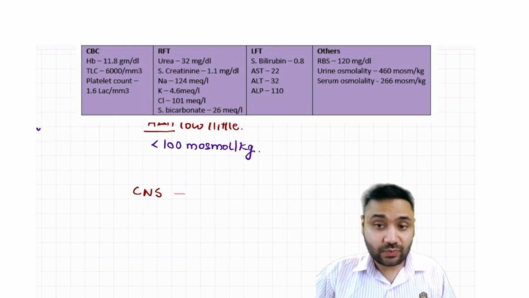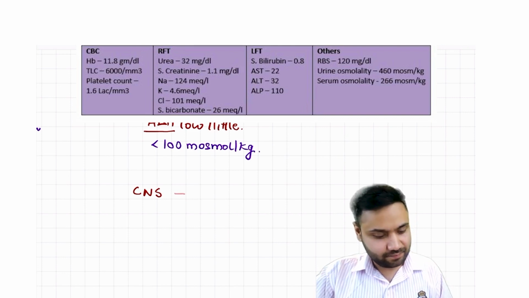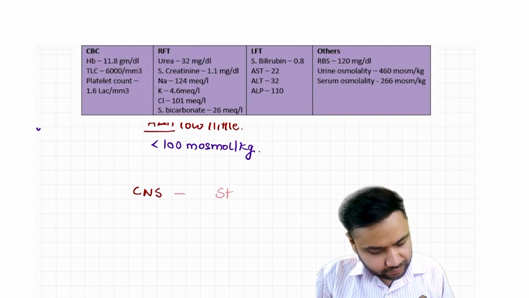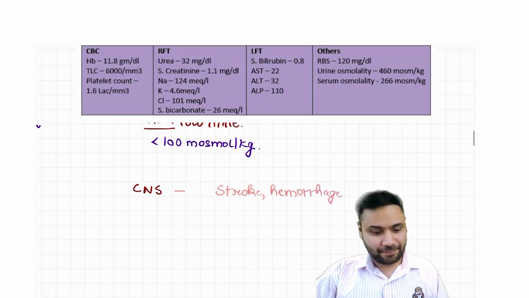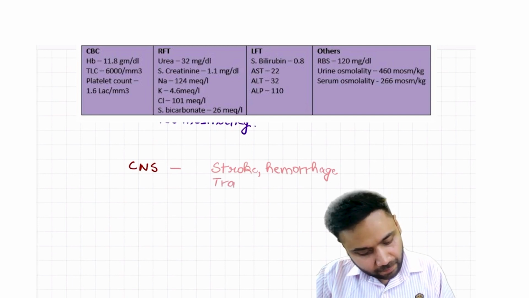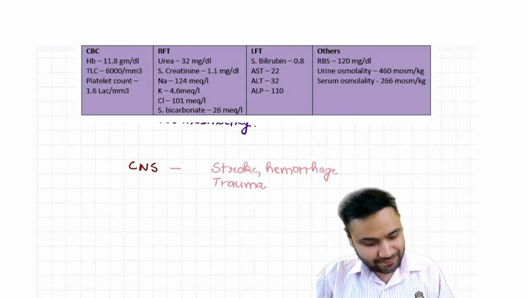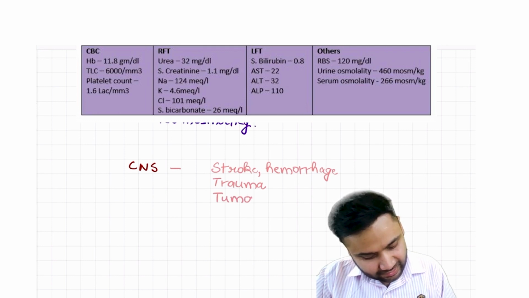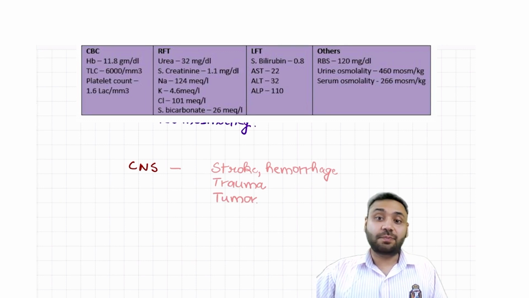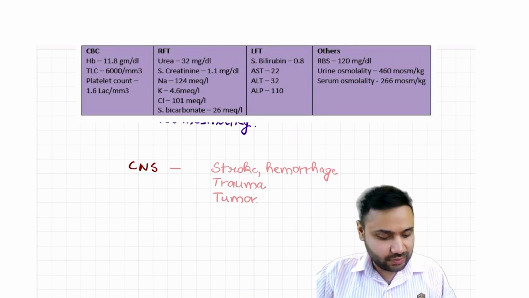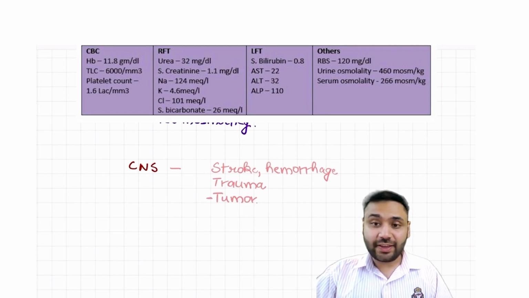Those conditions which cause ADH release are any kind of stroke, hemorrhage, trauma, or tumor. In our patient, she has a pituitary adenoma, which is a tumor, which is causing SIADH, right?